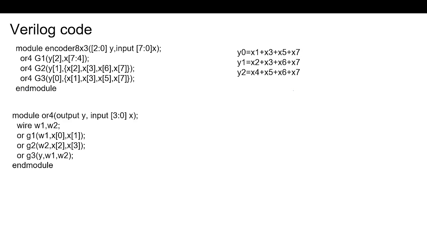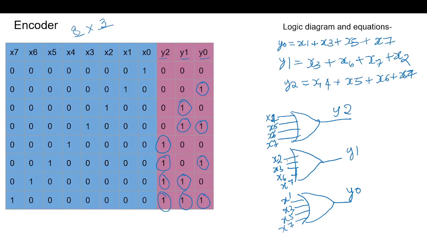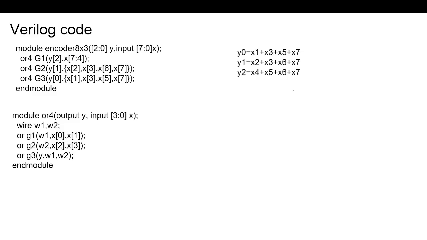So now we need 4 input OR gates. Directly this equation we can implement. So for getting y2 we need from 4 down to 7, I can directly pass. For y1 I need to pass x2, x3, x6, x7.